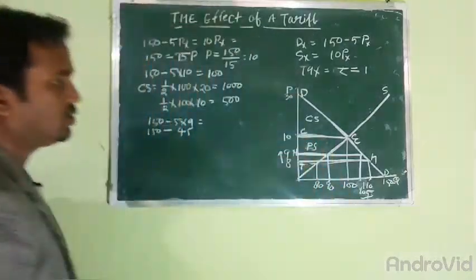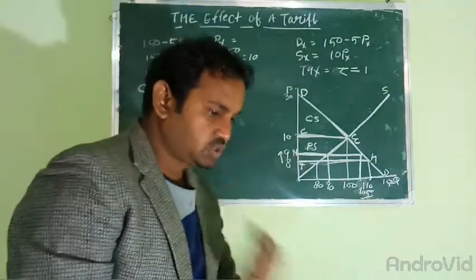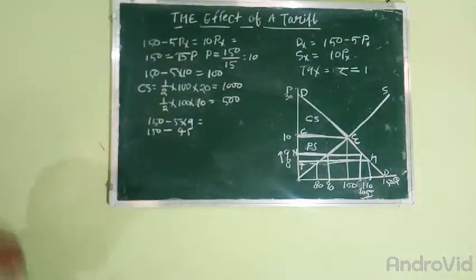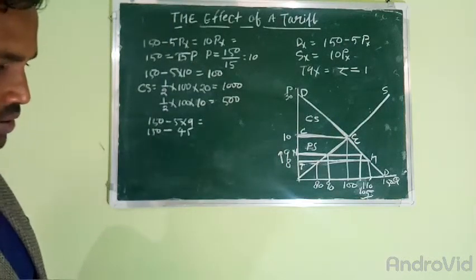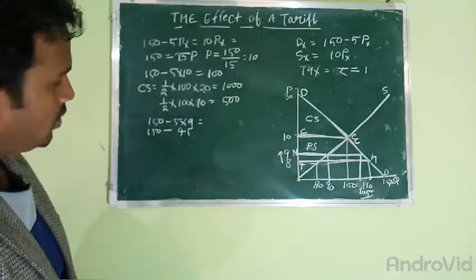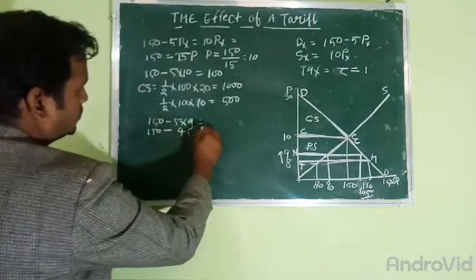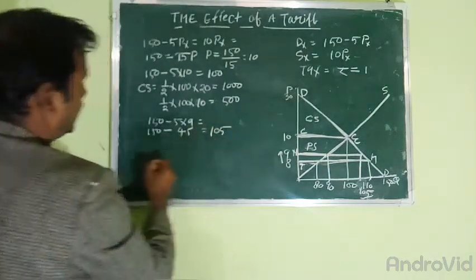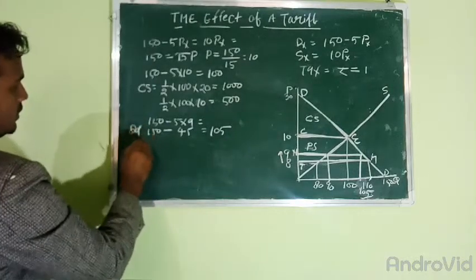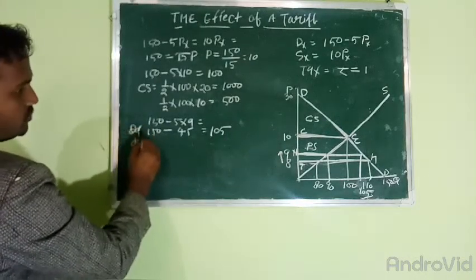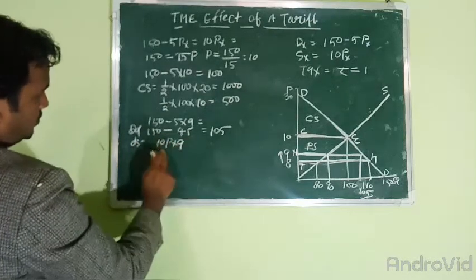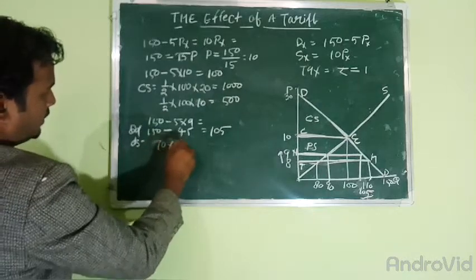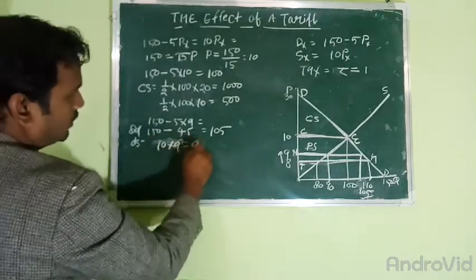So 105 is the quantity demanded, then domestic supply is equal to 10 into 9, it means 90 quantity.